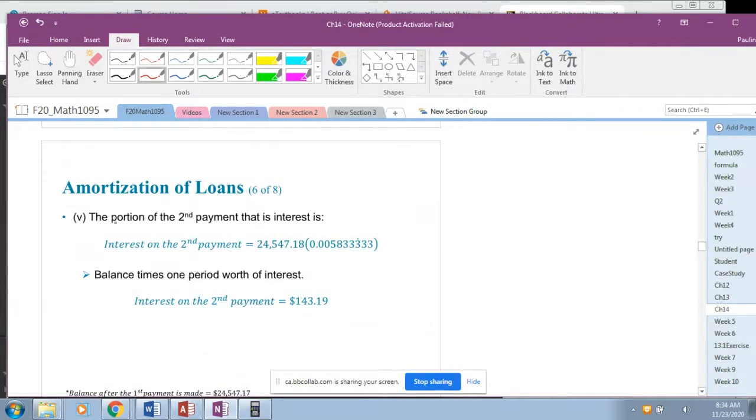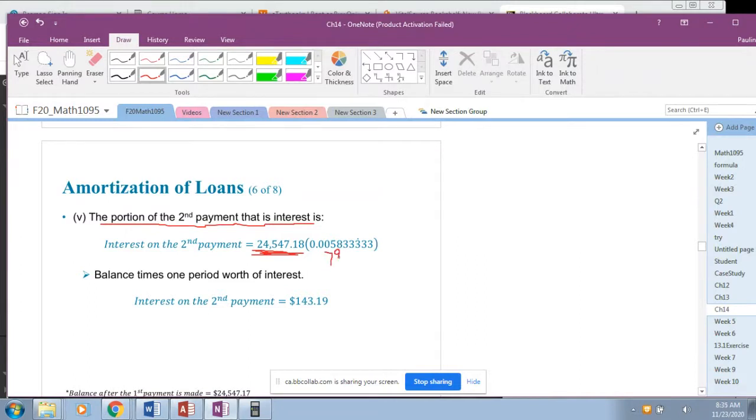And the next question, what is the interest portion of the second payment? The interest on the second payment equals the outstanding loan from the previous question times the interest.